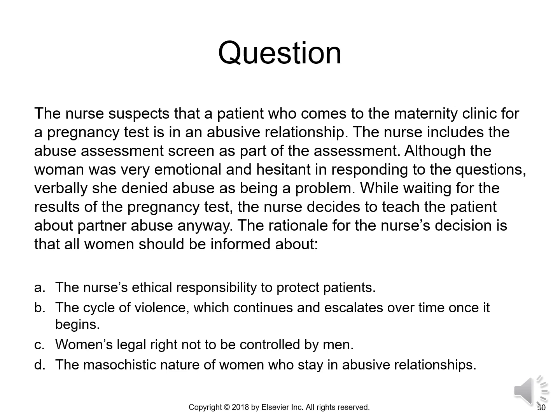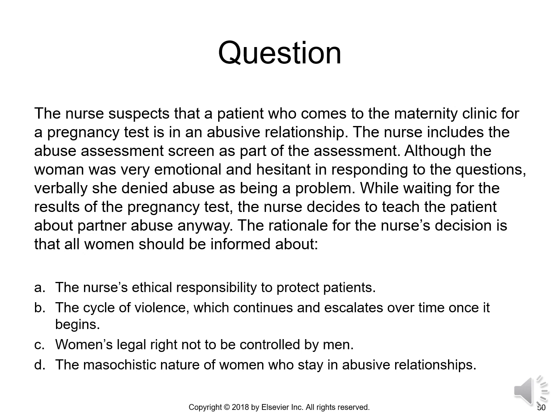The rationale for the nurse's decision is that all women should be informed about A, the nurse's ethical responsibility to protect patients, B, the cycle of violence, which continues and escalates over time once it begins, C, women's legal right not to be controlled by men, and D, the masochistic nature of women who stay in abusive relationships.